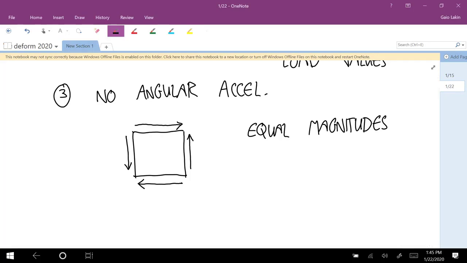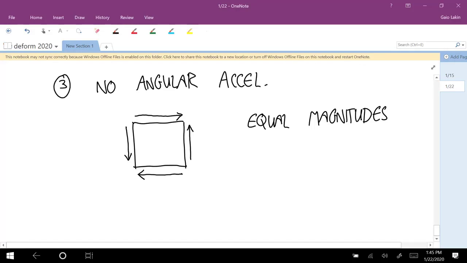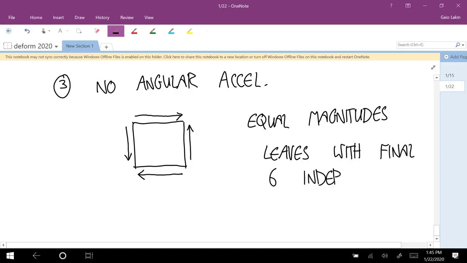And that eliminates 3 more required values. And so this leaves us with our final 6 independent load values.